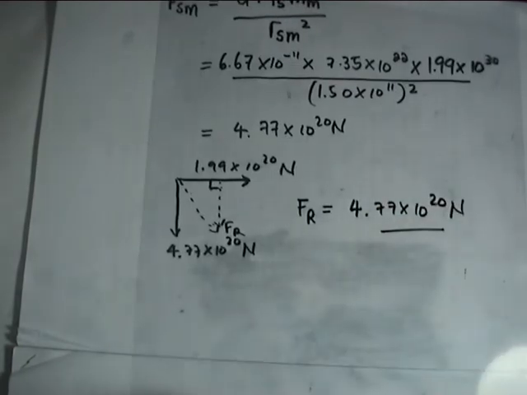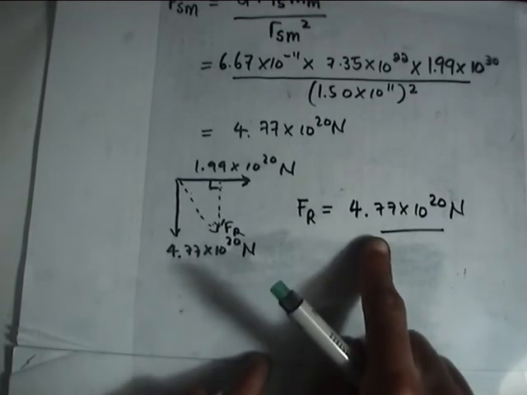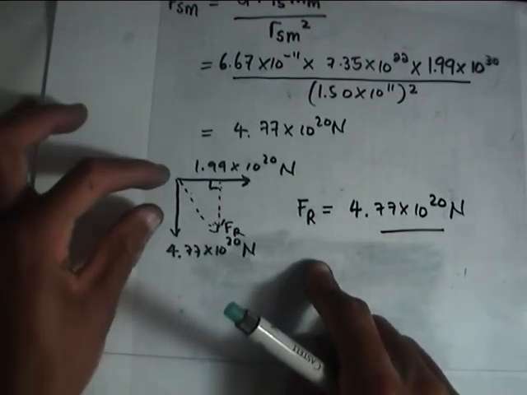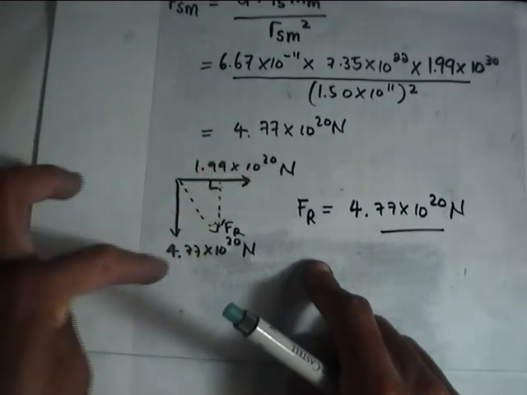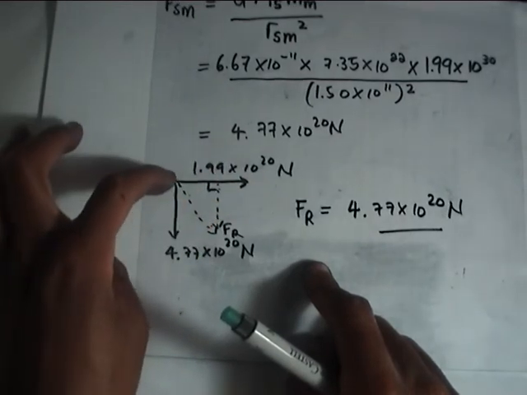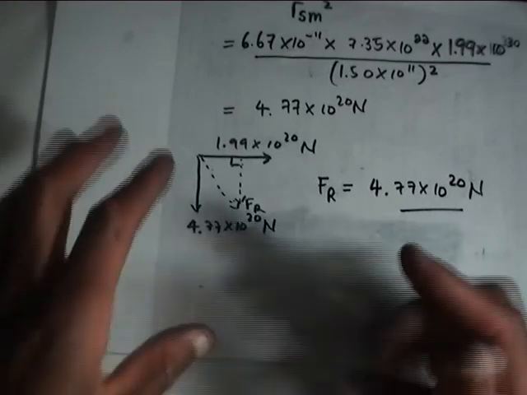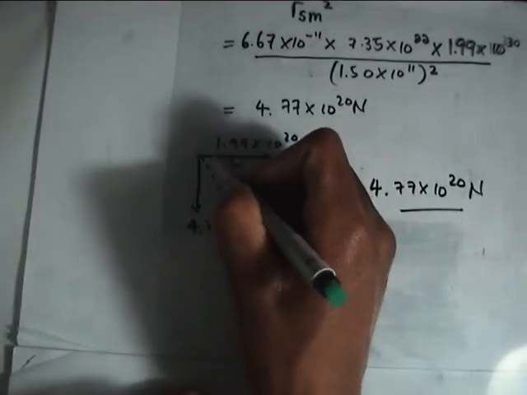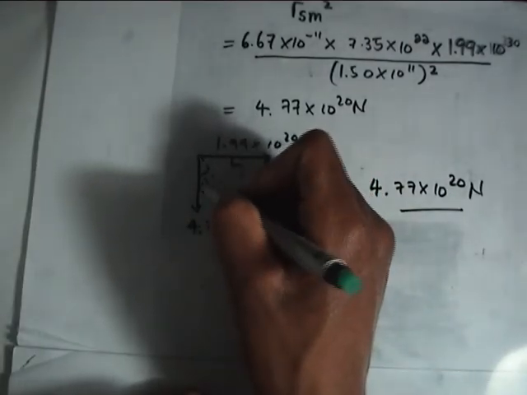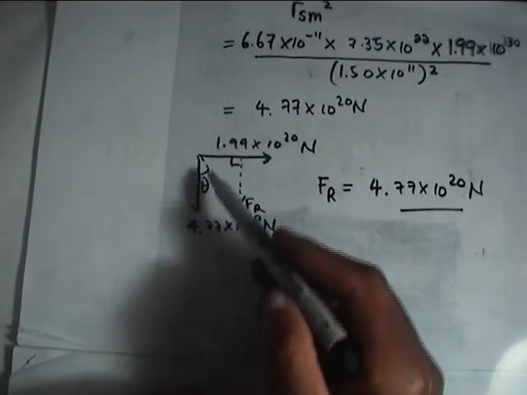That is the overall force of the effect of the presence of the earth and the sun on the moon. And we can get the angle theta with respect to the direction of the sun.